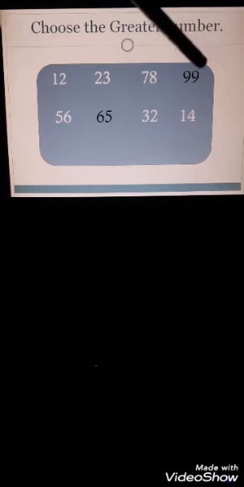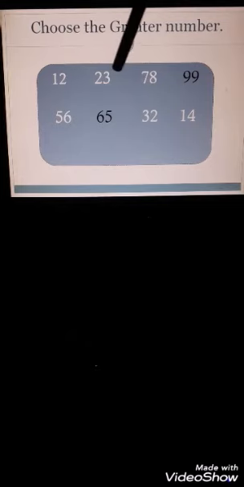In 99 we have 9 tens. According to this line, the biggest number is 9. 9 is the biggest ten, so 99 is a bigger number. Then we have to compare ones: 2, 3, 8, 9. So 99 is the greater number in this line.